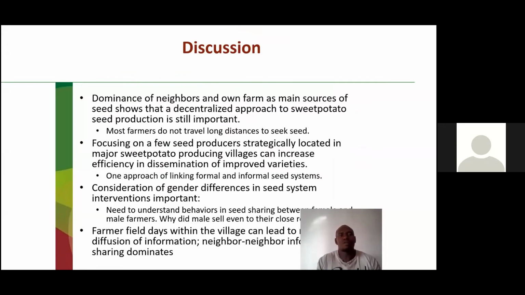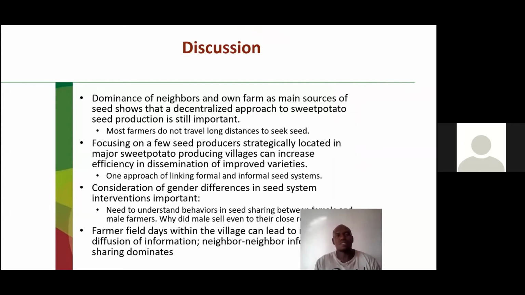I would now go to our discussion. We've seen from the first results that farmers mainly depend on close relations and close networks for seed acquisition, which shows that a decentralized approach to sweet potato seed production is important.